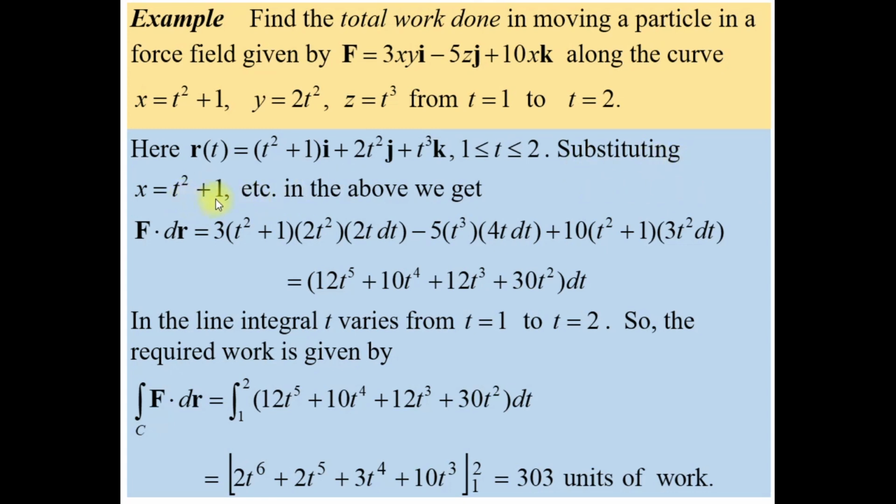Substituting x = t² + 1 etc. and noting that dr is the derivative of this r(t), we have F dot dr = (12t⁵ + 10t⁴ + 12t³ + 30t²) dt. In the line integral, t varies from t = 1 to t = 2. So the required work done is given by the integral from 1 to 2 of this one, and which on simplification gives 303 units of work.